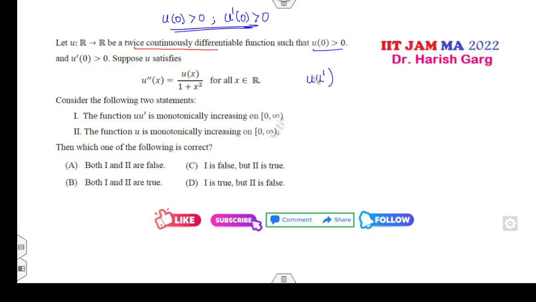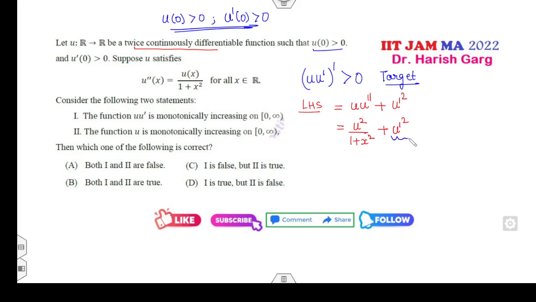For monotonically increasing, what do we have to prove? The derivative must be greater than 0. This is your target. So look at the left hand side. Differentiate them: u into u double dash plus u dash square. Fill in the value of u double dash: that will be u square over 1 plus x square, plus u dash square.